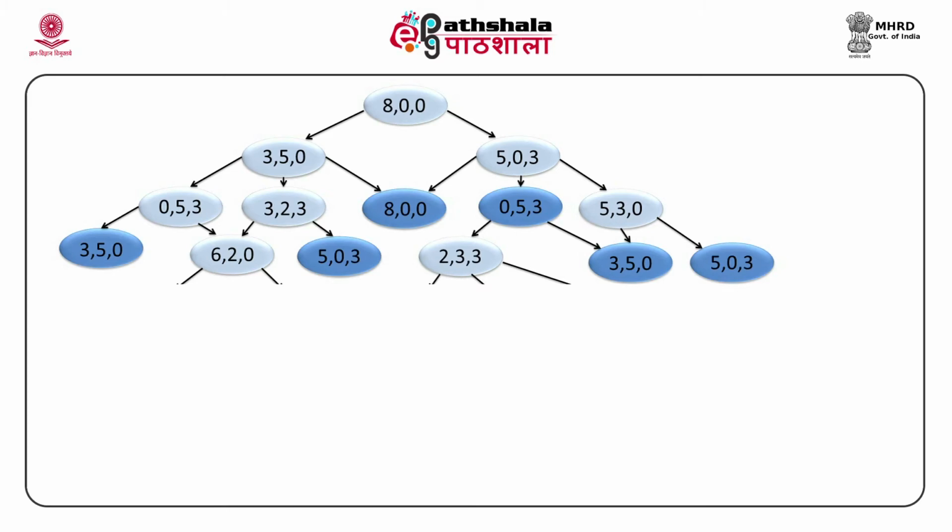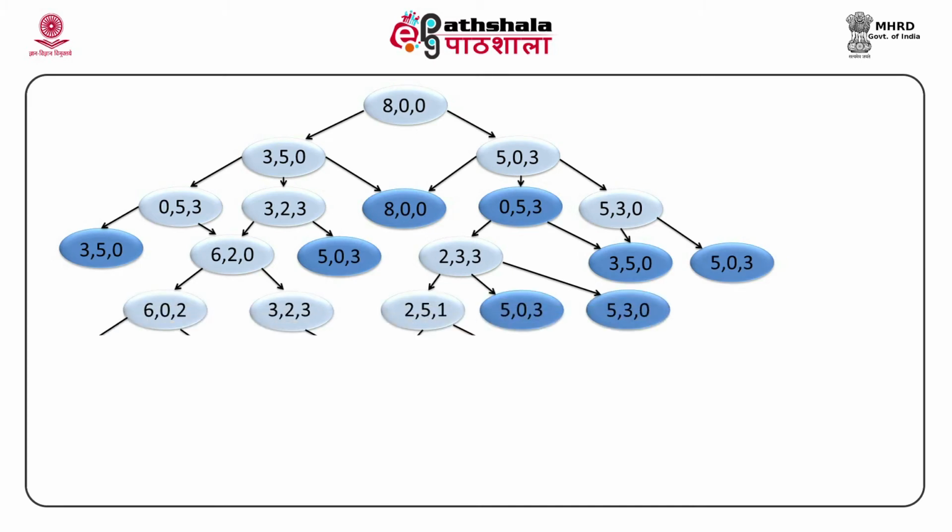And again for 053 we have 233 and 350, which is repeated. For 530, one output is 350 and the other 503, both of them already explored, so we will not look at them.